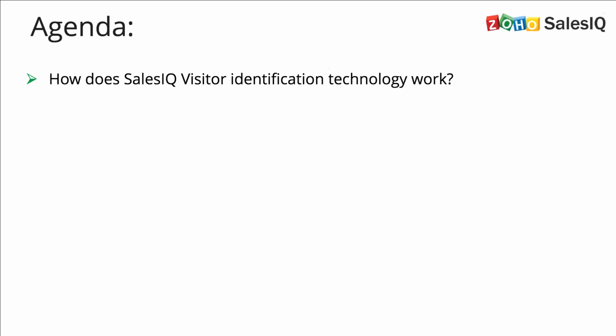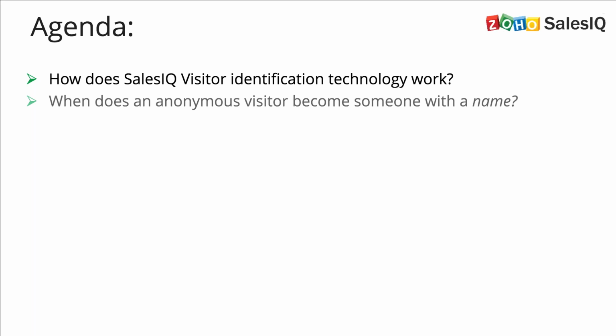So, how does Sales IQ's visitor identification work? How exactly does it identify a visitor's name and email address? From where does it get that data? And if there's any way that you can improve that gathering capability, that's going to be one of the important things we're going to discuss today.